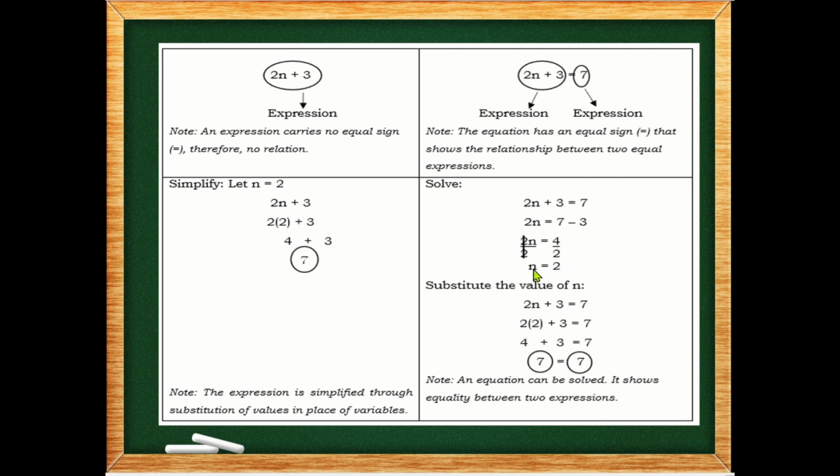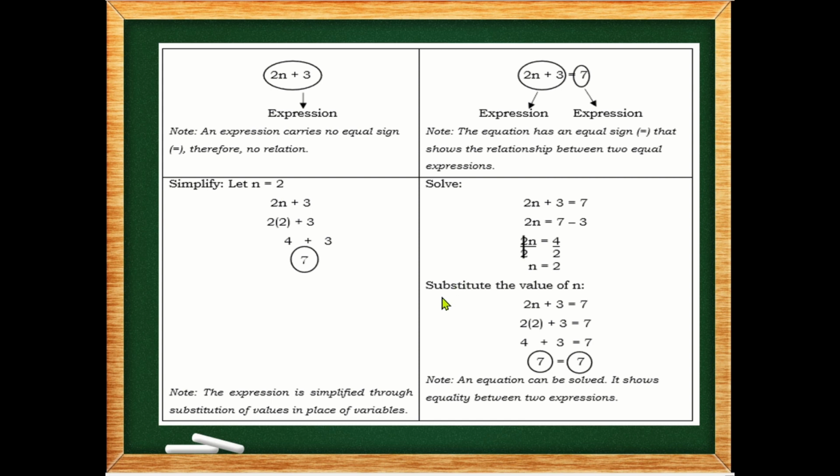In order to find the value of n, we're going to divide both sides of the equation by 2. So cancel out 2, what is left is n. 4 divided by 2 is equal to 2. Therefore, the value of n is equal to 2.